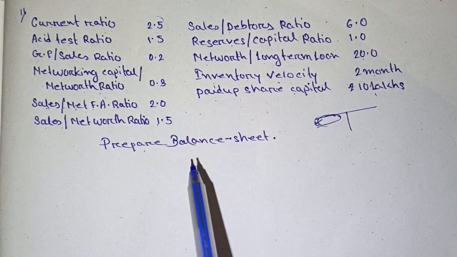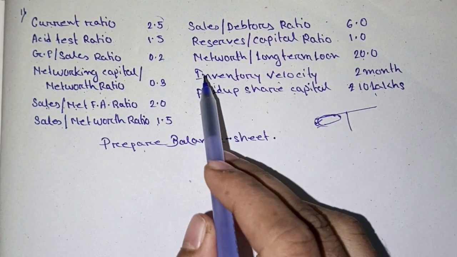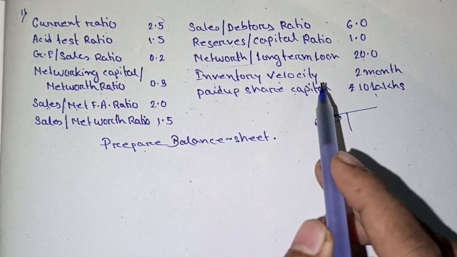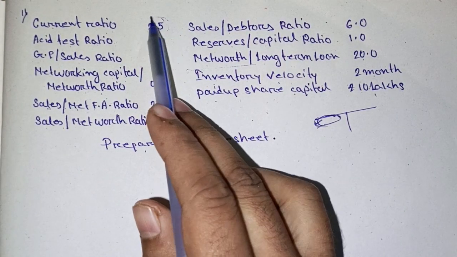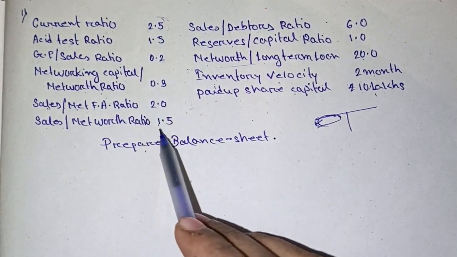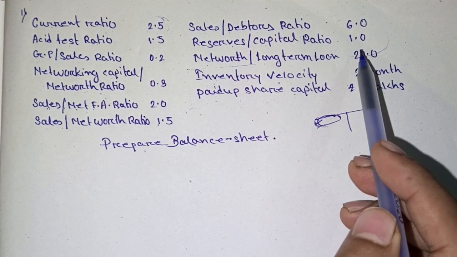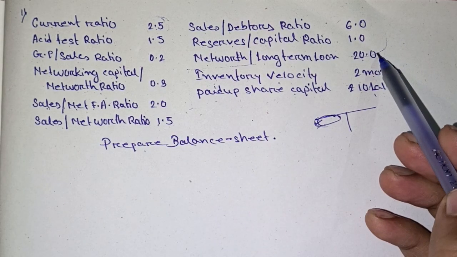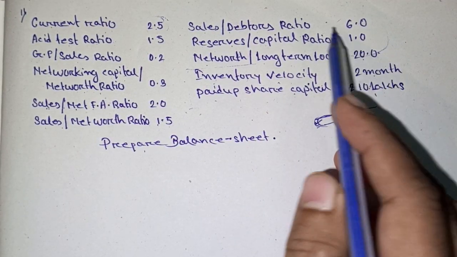Every time we have to focus on those items whose balances are given. If you look at these items, you can never solve this question, because only ratios are given and no item values are given here.